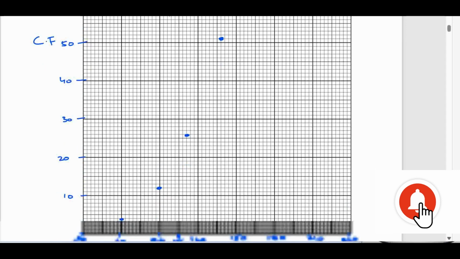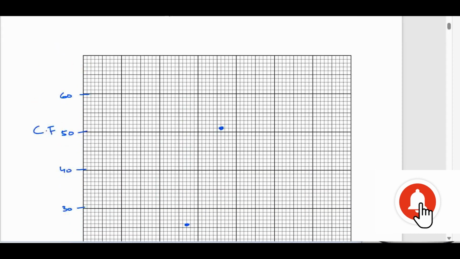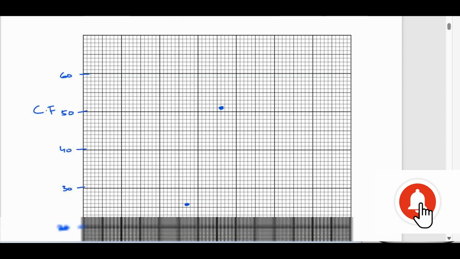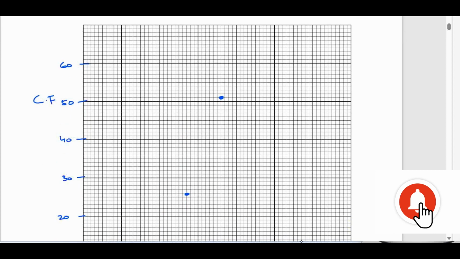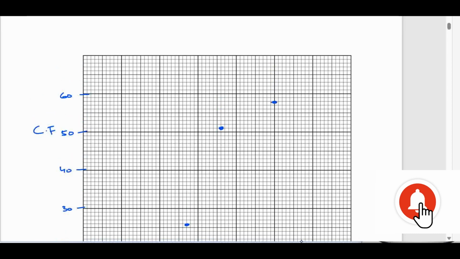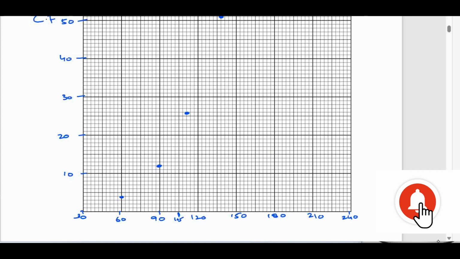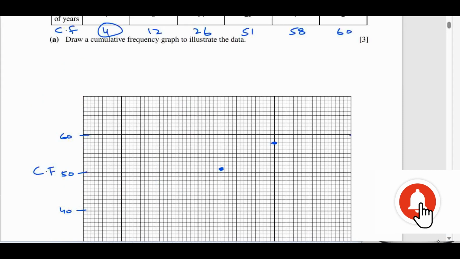Now at 180 the cumulative frequency is 58. So where is 180? This line is 180, 58. 58 means that this will lie somewhere here. Then the last one is at 240. At 240 it's 60. So it will lie somewhere here.